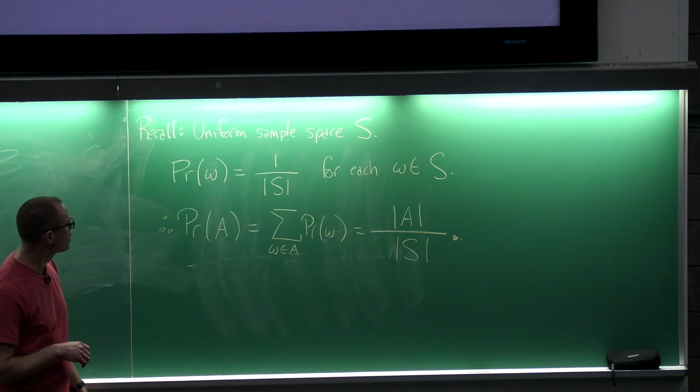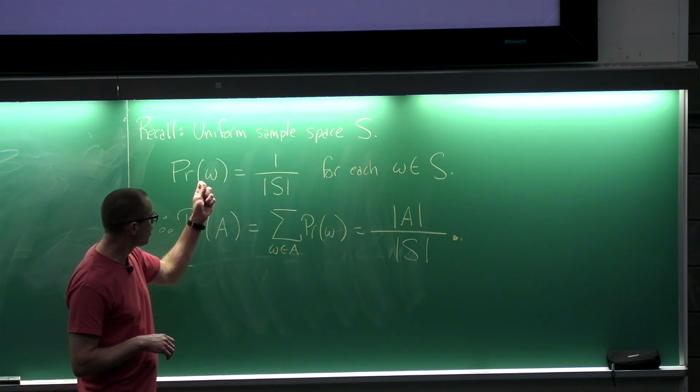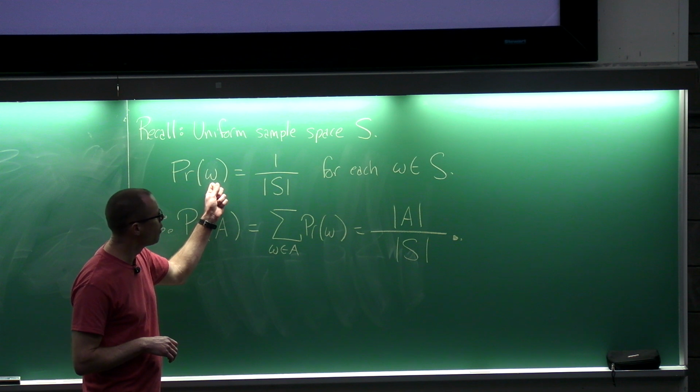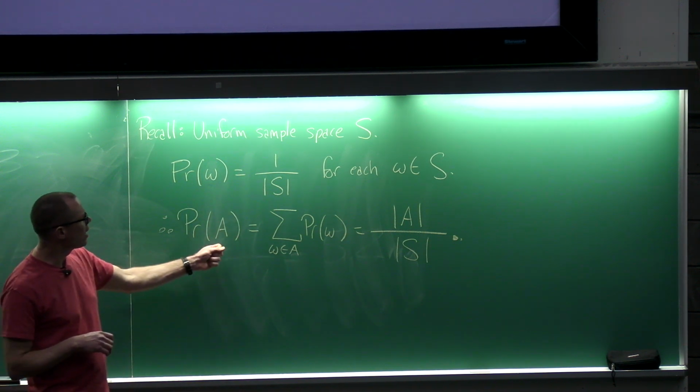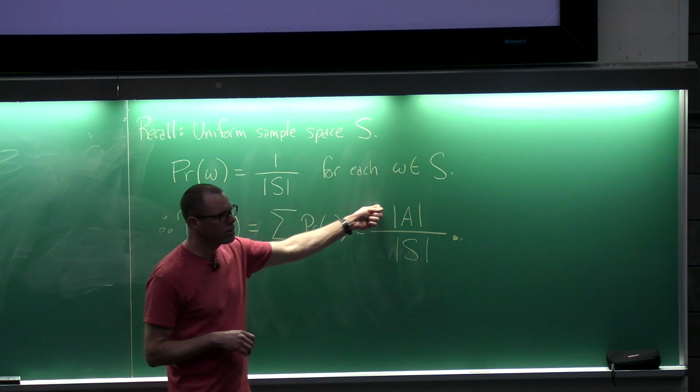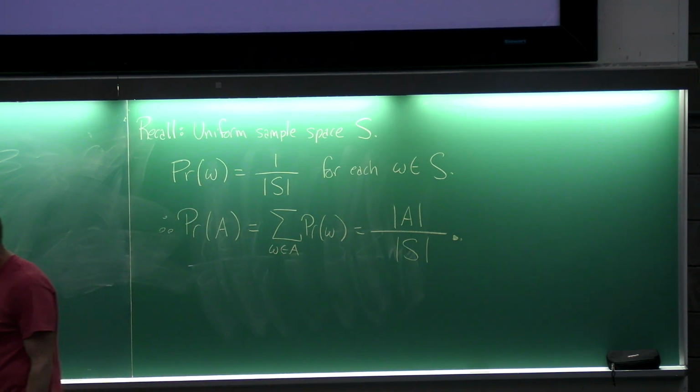So we've seen a lot of these things. The probability of any individual outcome is 1 over the size of the space, and the probability of any event is just the size of the event divided by the size of the space. We'll work a lot with those.